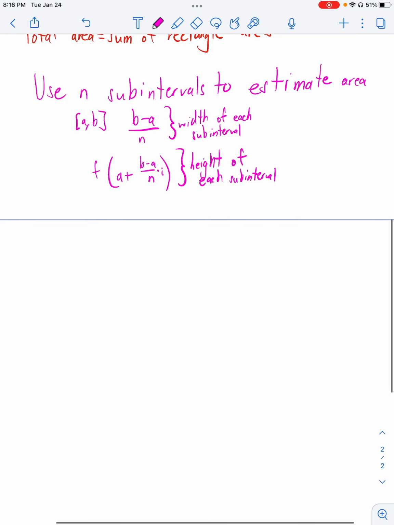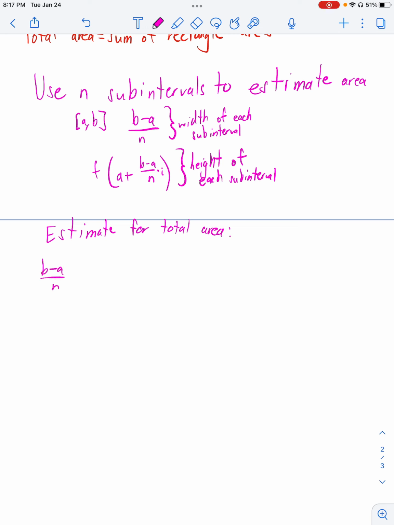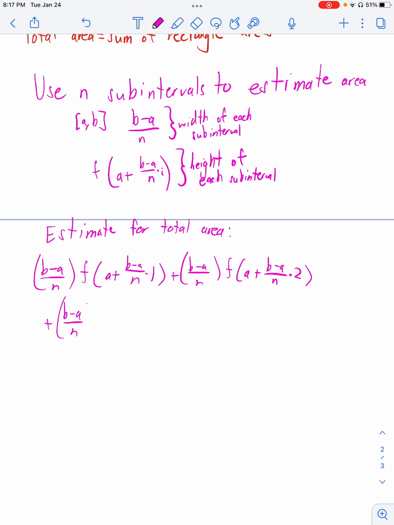All right, so then our estimate for the total area would be (b minus a)/n times f of a plus (b minus a)/n times 1, plus (b minus a)/n times f of a plus (b minus a)/n times 2, plus (b minus a)/n times f of a plus (b minus a)/n times 3, plus dot dot dot, plus (b minus a)/n times f of a plus (b minus a)/n times n.